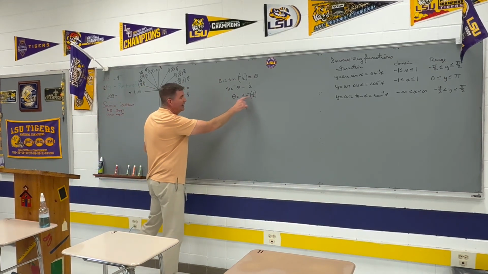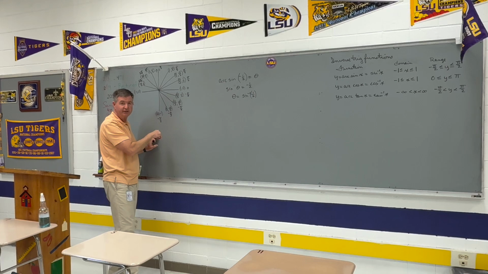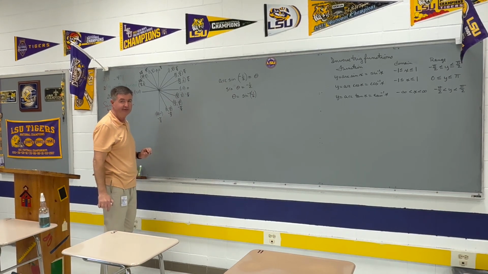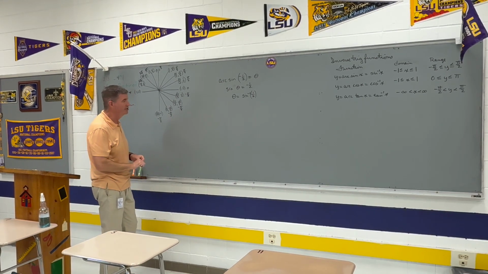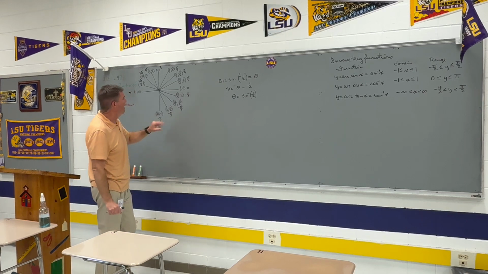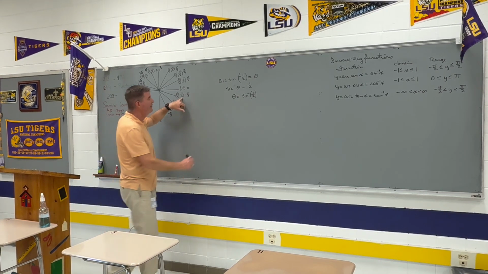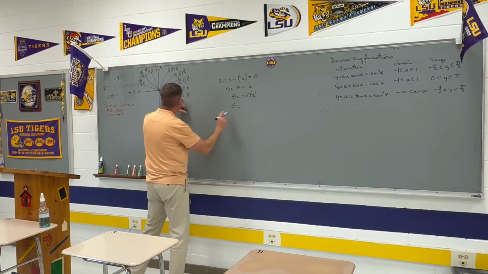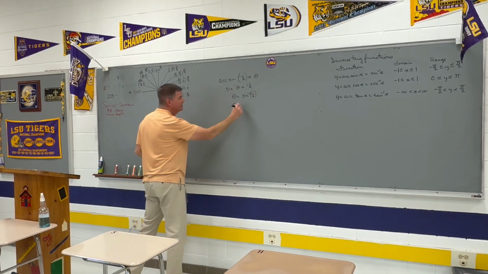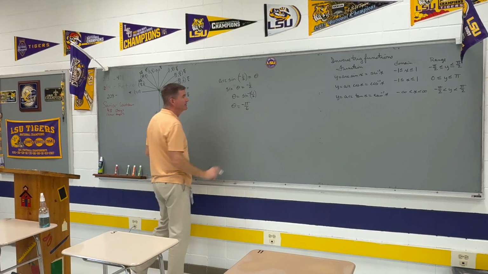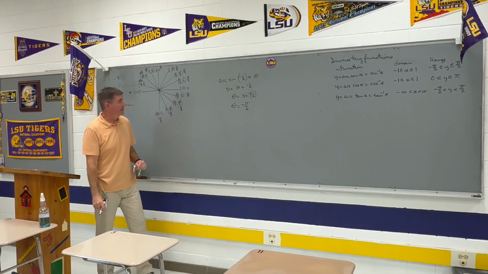If it's negative, I know we're looking in the fourth quadrant because the sine is the y value. The y values in the fourth quadrant are negative. I look for where my y value is -1/2. It's -1/2 here. So the theta that we're looking for is this angle, which is -π/6.